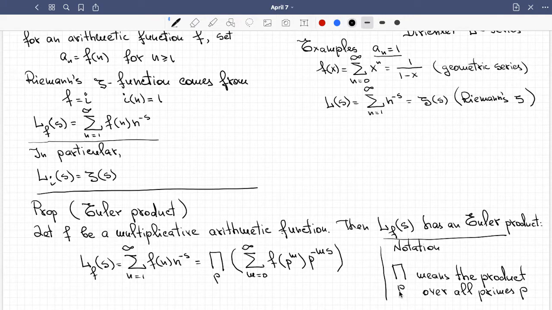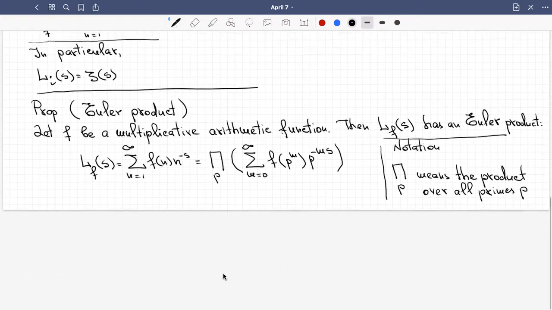If there is another letter here, q, then the product runs over all primes, which are denoted by q. In parentheses, there is an expression which depends on your prime. So every term depends on the prime. And we take a product over all primes.